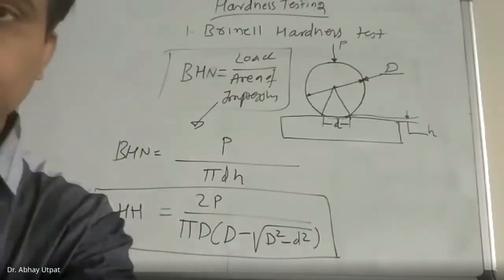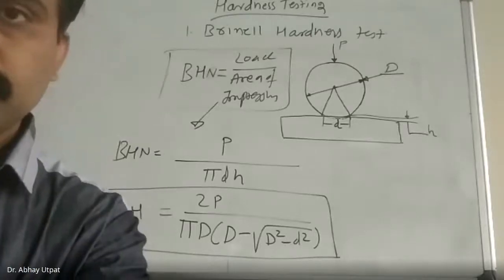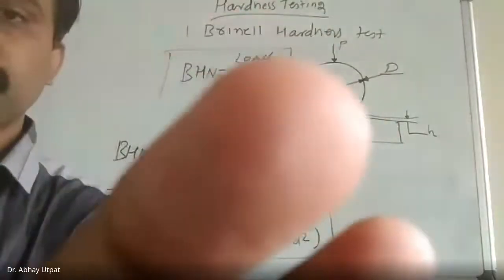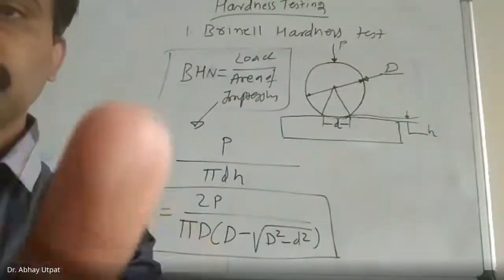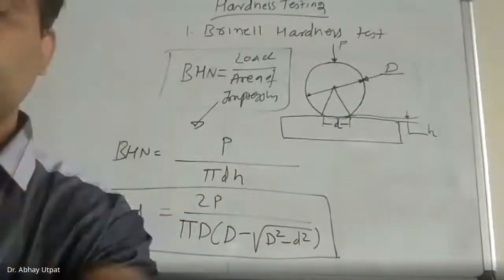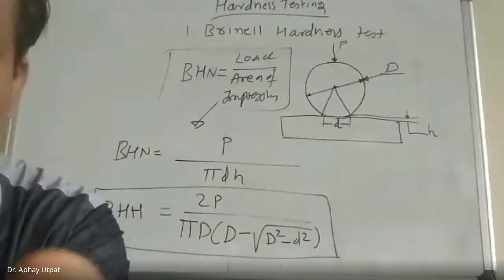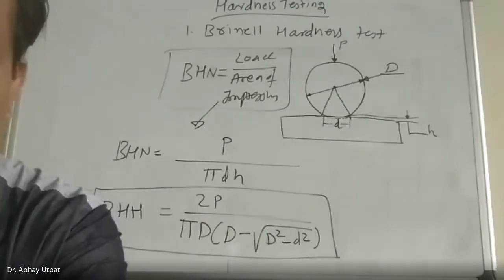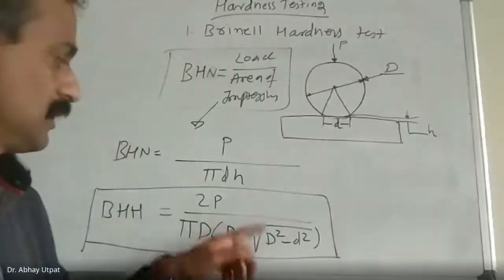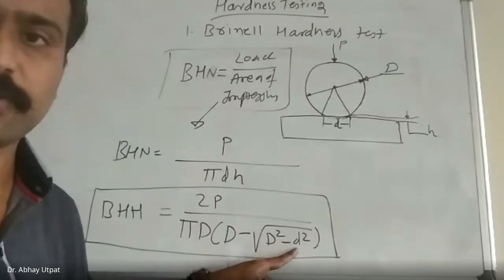Onkar. Who will tell willingly? Yasser Khatik. Small d, sir. Who is replying? Who is talking? Please tell your name, roll number. Rohit, 54, sir. So small d is unknown, correct, Rohit?